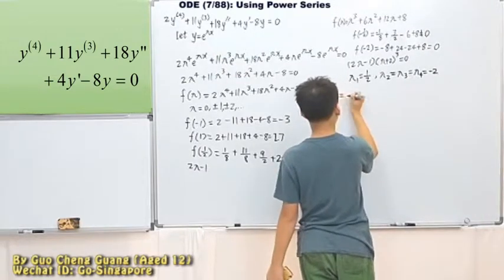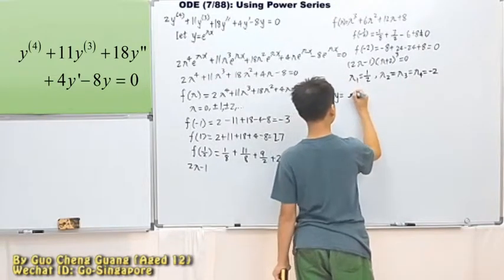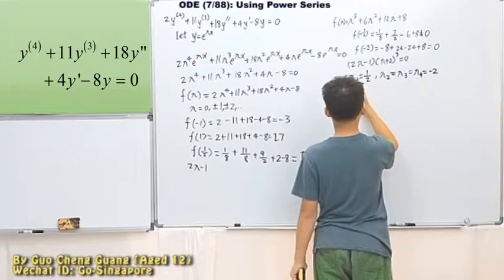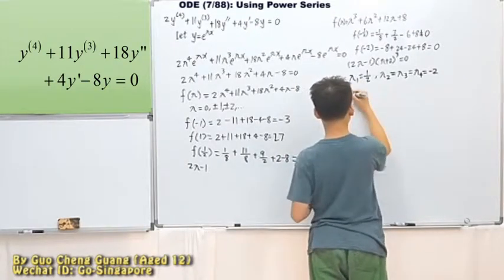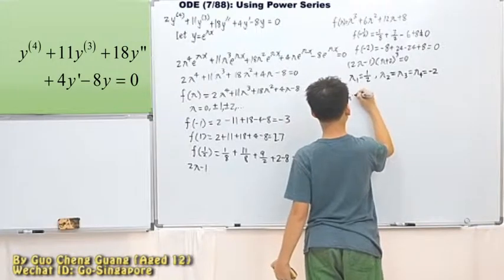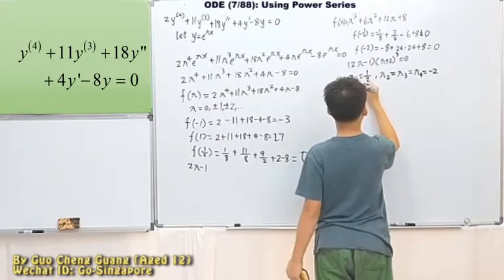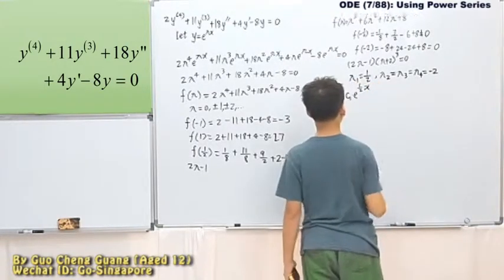So that means y would be, so this part, okay, is c1 times e to the power of half x.